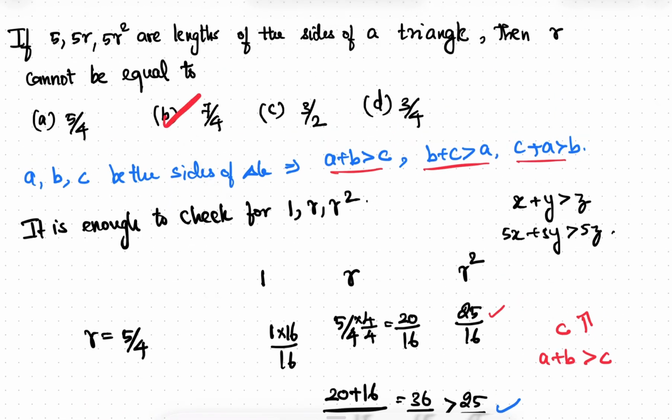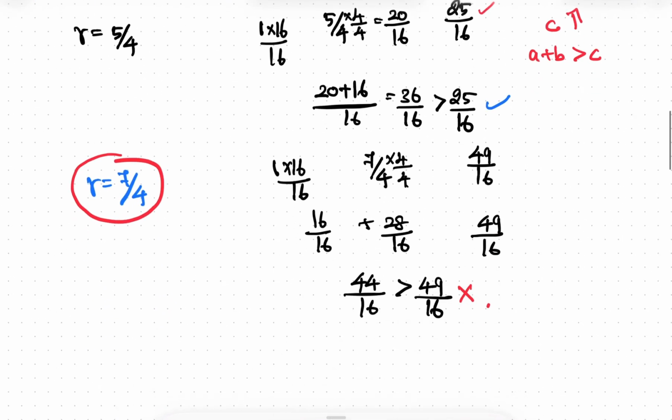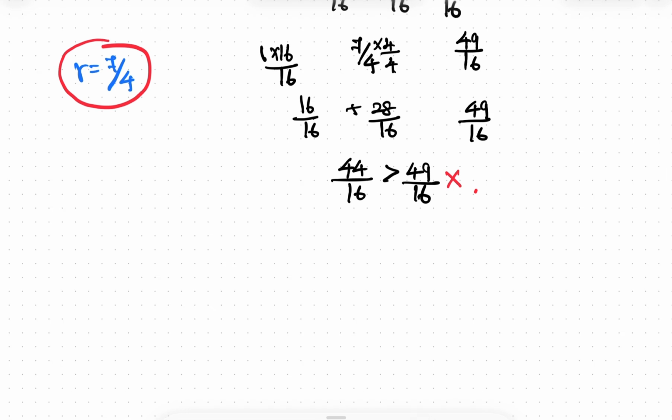It is easy. Now, trial and error is the easy method for this problem, but if you want a general solution, we are going to consider again 1, r and then r square.